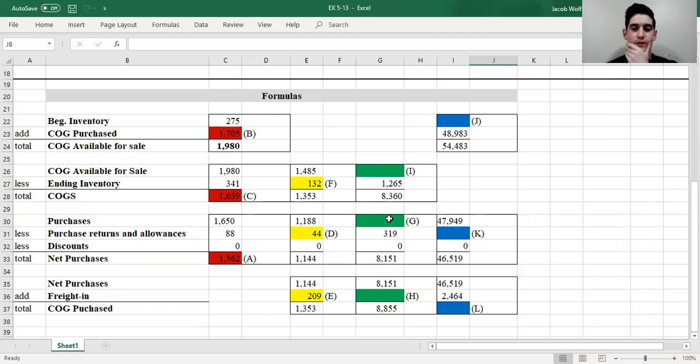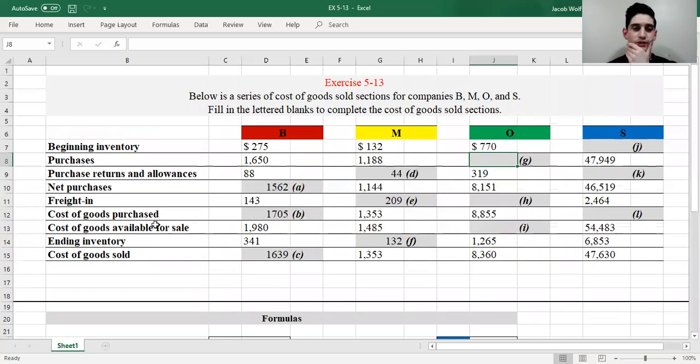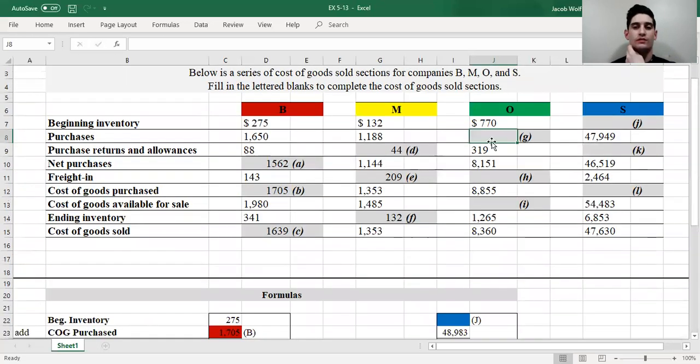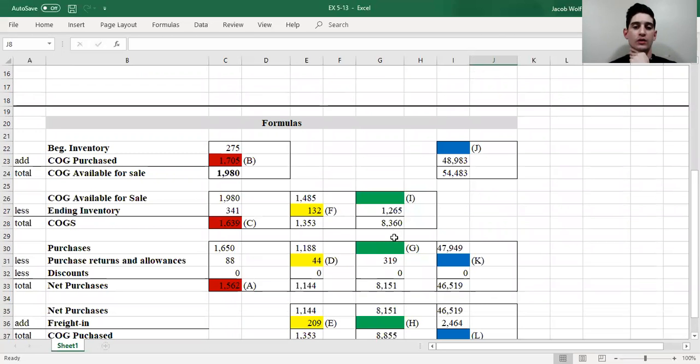And so we were given the net purchases for company O of 8,151. We plug that in, and we also take the purchase returns and allowances of 319 that we were also given. And so again, we will want to find the difference between that.